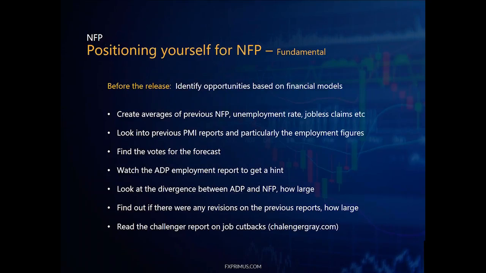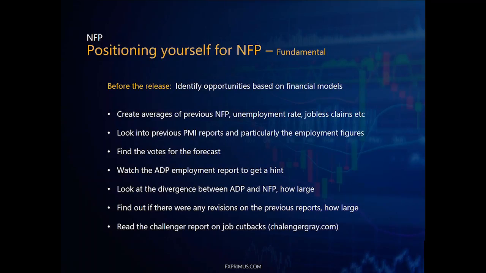Okay, using the fundamental methods before the release, one could identify opportunities based on financial models. So building a model is not as hard. Here's what one could do. You can create an average of the previous NFPs or the unemployment rates or the jobless claims.